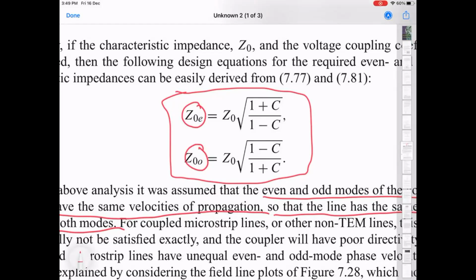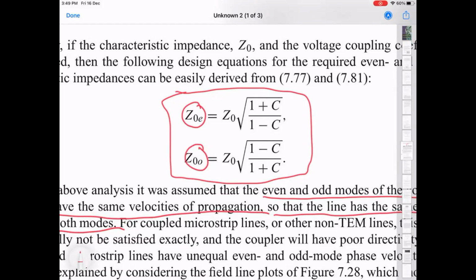For us, it's always 50 ohms. So here you automatically see that if C is a small number, but positive, it has to be positive, it's a coupling coefficient, then the even mode impedance is always going to be greater than the characteristic impedance, and the odd mode impedance is always going to be less.